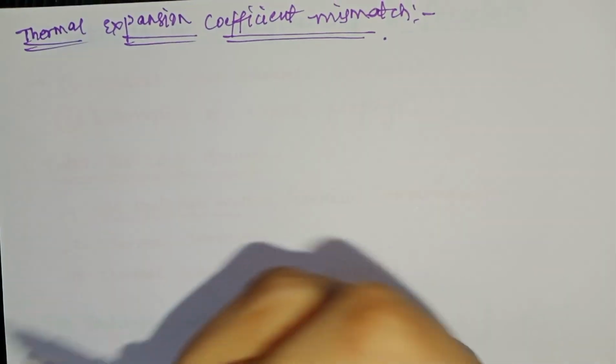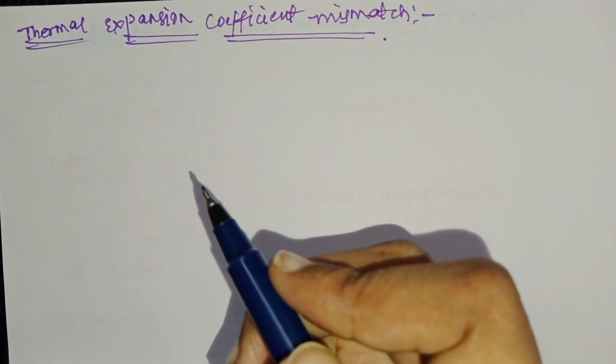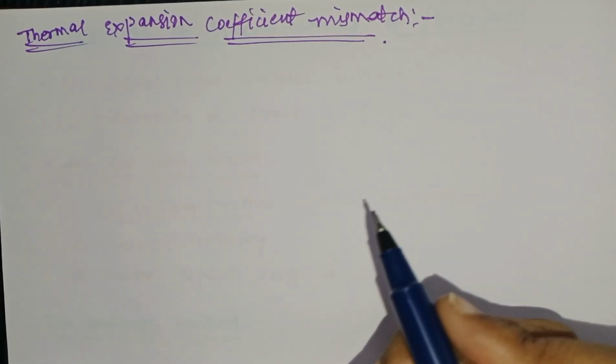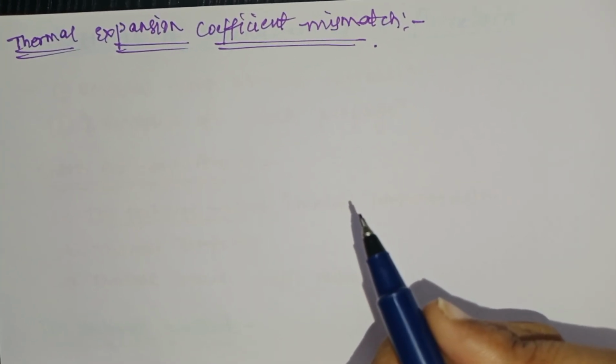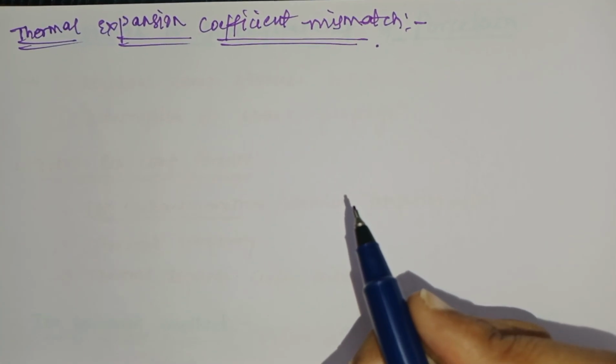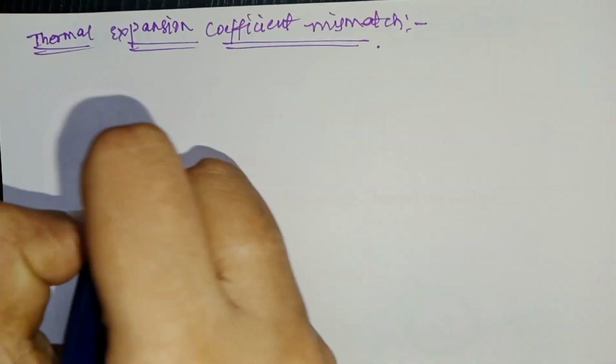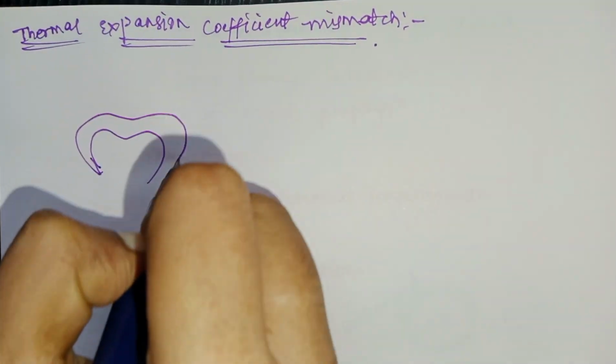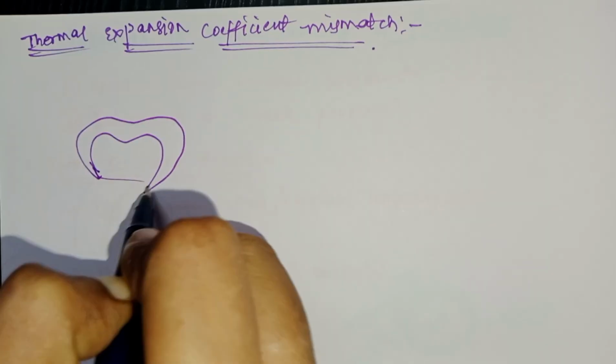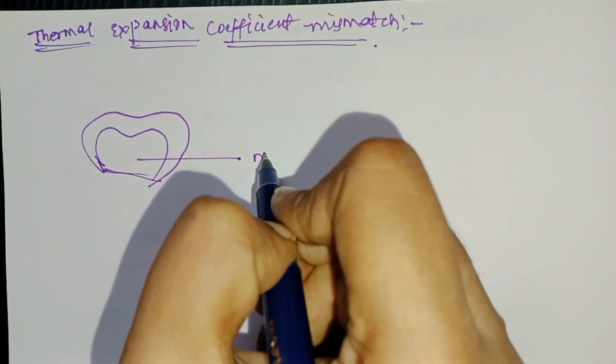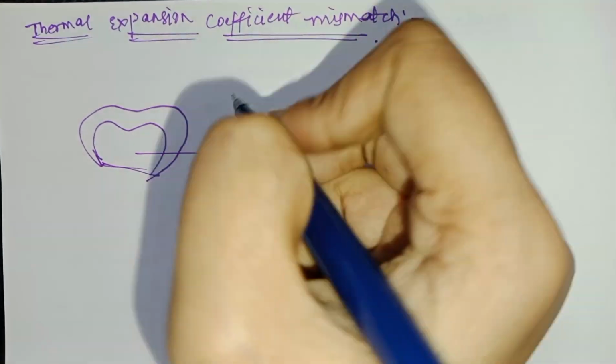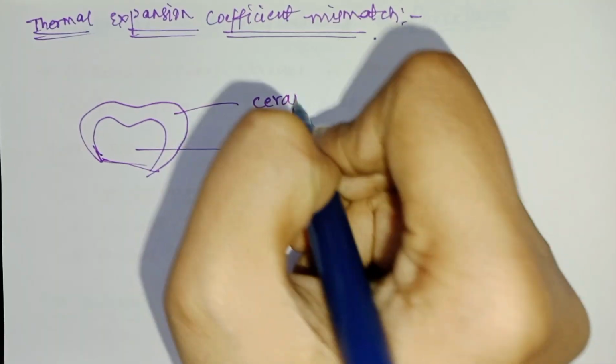See, when ceramics and metal are heated and cooled together, the metal contracts more than the ceramic. This is the metal, surrounding it is the ceramic.